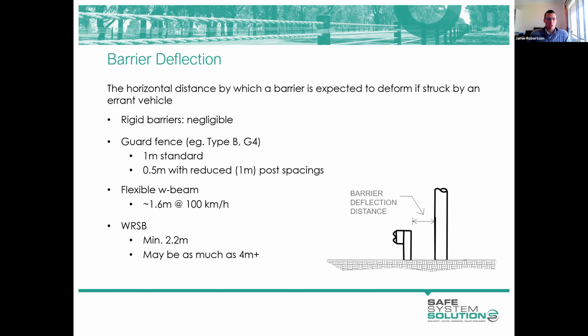The road curvature can also mean that your barrier might deflect by more. If you have a barrier located on the inside of a curve, so the vehicle's going to strike it on the convex side of the curve, the tension in the system is looking to pull the barrier in when it's struck. So those systems will deflect by more again, in all likelihood.